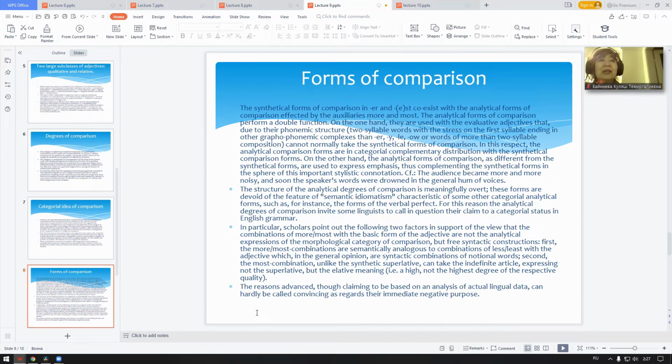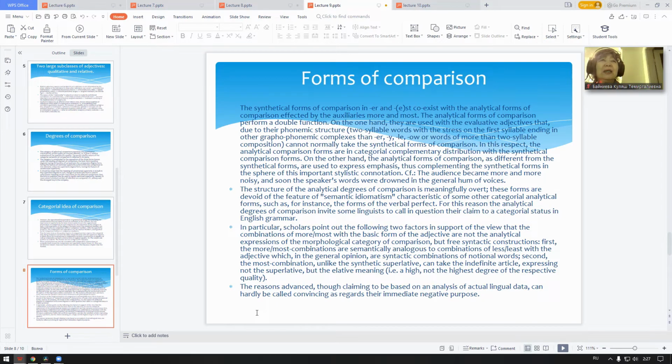On the one hand, they are used with the evaluative adjectives that, due to their phonemic structure, cannot normally take the synthetical forms of comparison: two-syllable words with the stress on the first syllable ending in the graphophonic complexes other than -er, -y, -le, -ow, or words of more than two-syllable composition.